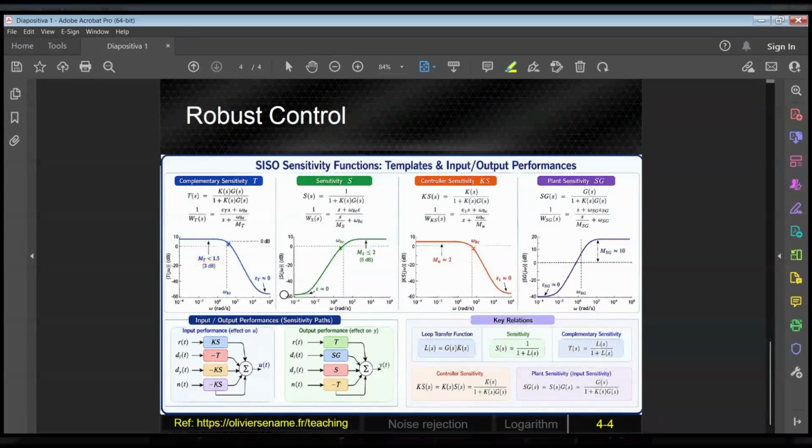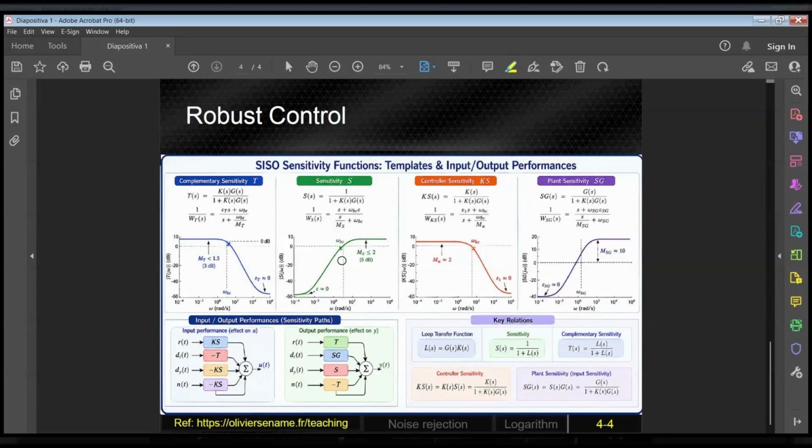Now let's look at the sensitivity function S. At low frequencies, we want S to be close to 0, so that disturbances have a minimal effect on the output. And at high frequencies, S becomes close to 1 because S is equal to 1 minus T. Therefore, the shapes of S and T are opposite.